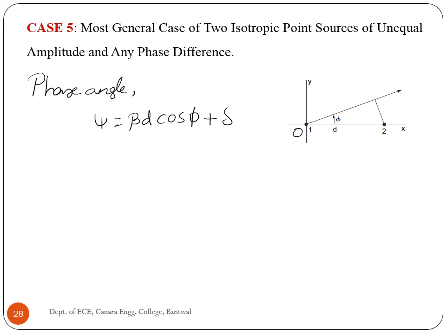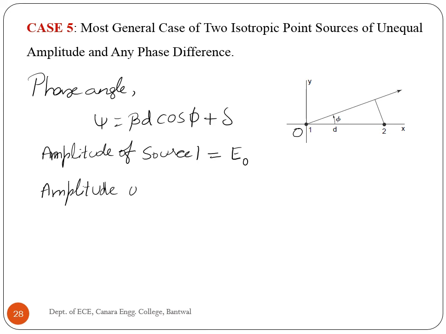The sources have unequal amplitude. Let amplitude of source 1 be E naught, amplitude of source 2 be A E naught.